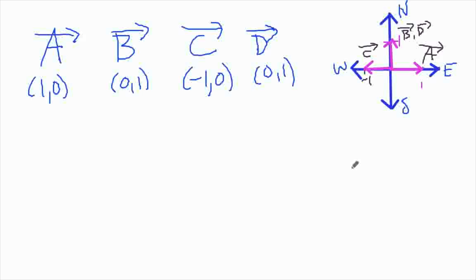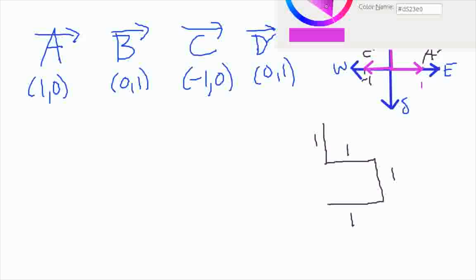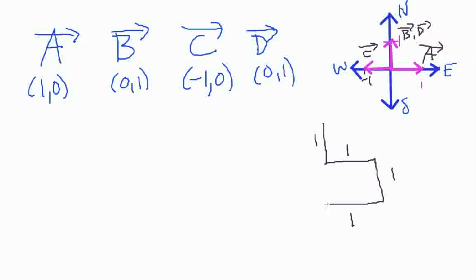We could trace it out this way. We went to the right, then we went up, then we went left, then we went up again. Can you see that if you did that motion, that's the same thing as if you simply moved north 2 miles? So all of those 4 motions ended up the same as if you moved 2 miles in one direction. Now let's do a vector addition of A, B, C, and D.